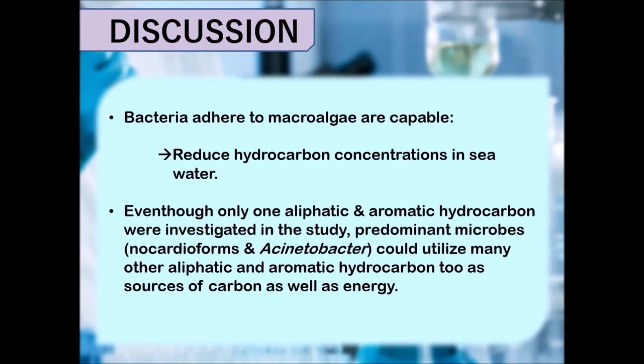Next, bacteria adhered to macroalgae are capable of reducing hydrocarbon concentrations in seawater. Even though only one aliphatic and aromatic hydrocarbon were investigated in the study, the predominant microbes, nocardioforms and Acinetobacter, could utilize many other aliphatic and aromatic hydrocarbons as sources of carbon as well as energy.